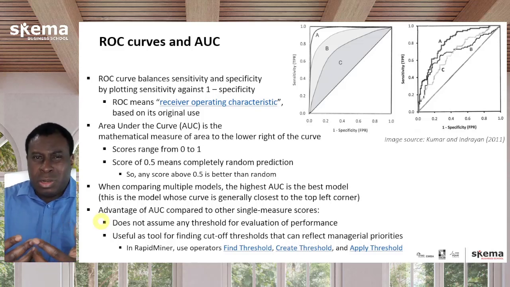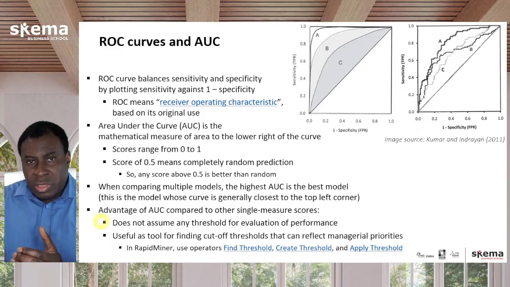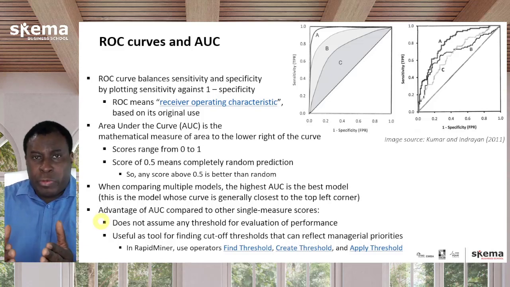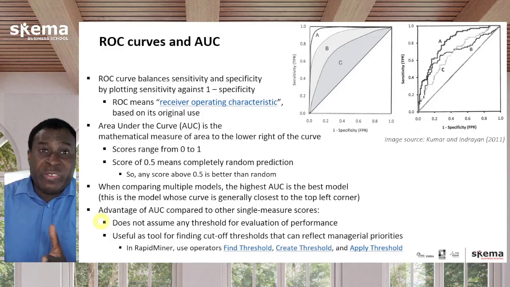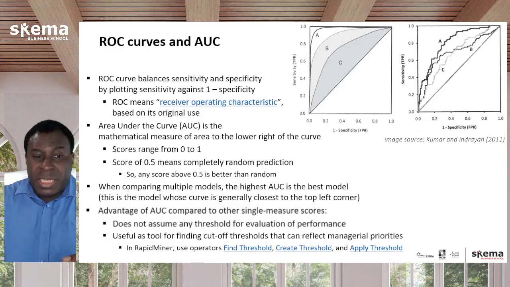But that doesn't always make sense because if managers want to be more conservative or more lenient, they might prefer an 80-20 cutoff or 70-30 cutoff. And no two managerial or application situations are identical. And so a default 50-50 cutoff doesn't always make sense.